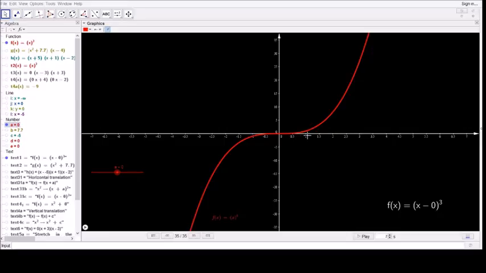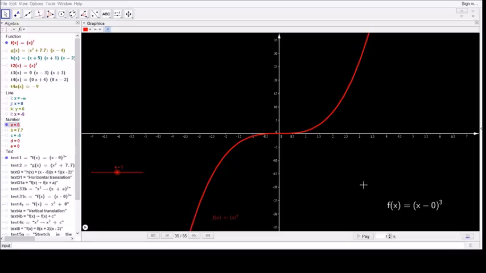You can also see that as x heads off to positive infinity, f of x will also head off to positive infinity, and likewise, as x goes to negative infinity, f of x will head off down to negative infinity. You can also see that the shape of the graph is quite flat in the interval between about minus 0.5 and 0.5.